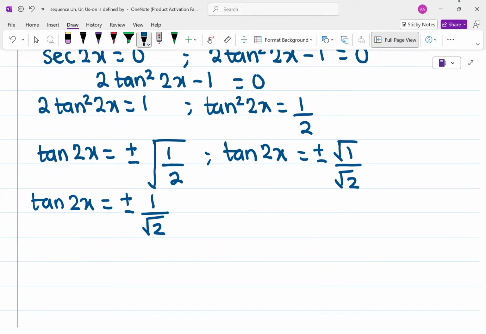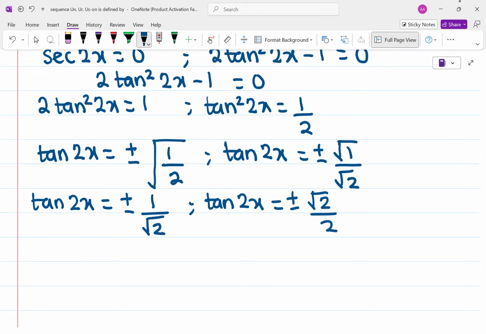Since I'm having an irrational surd, I can have this become tan 2x is equals to plus or minus root 2 over 2.